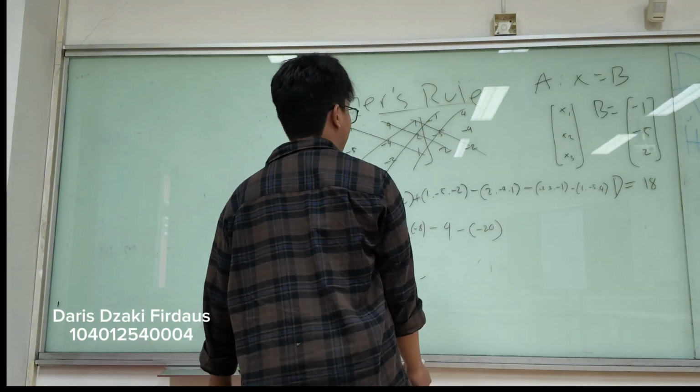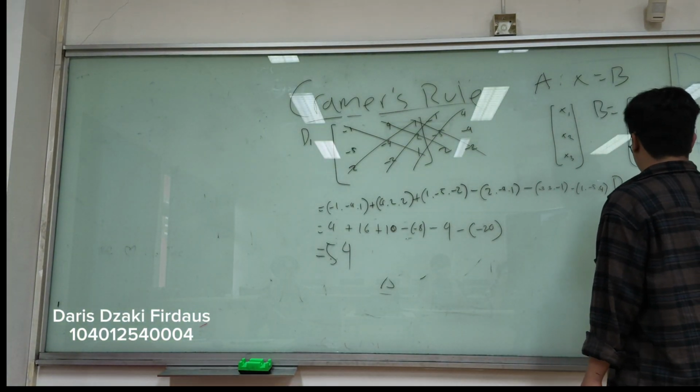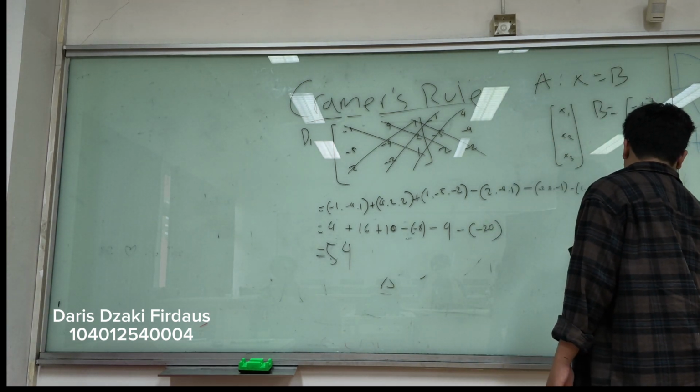Yeah, 54. So the D1 is 54. The next step is we need to search D2 and D3.